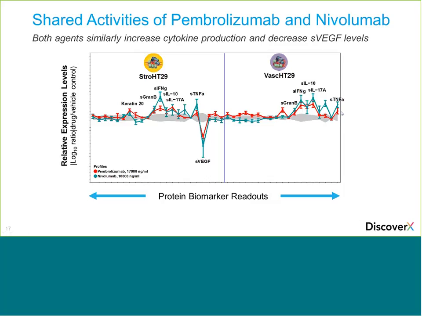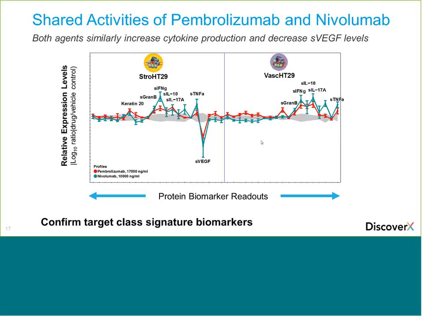So this approach highlights that it can enable you to benchmark your drug candidates against existing molecules, and it can also be utilized to confirm the target class signature biomarkers of efficacy for your candidate molecule before you move it forward.